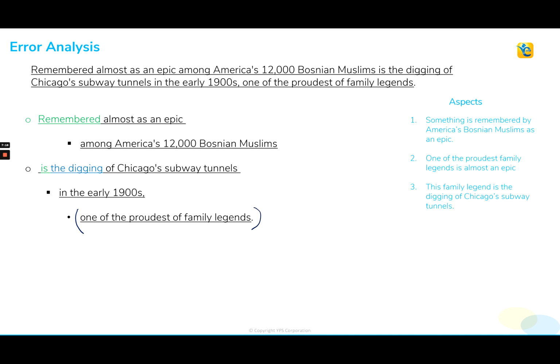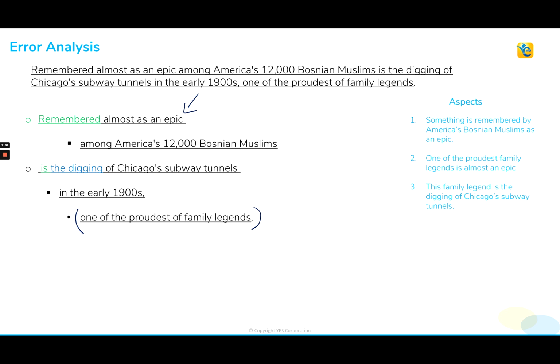And we know, as we said in that meaning analysis, that we need this proudest of family legends to be connected to this entity of the epic up here, because it's this legend that is the epic. So we need to find a structure that connects this modifier into the context of the sentence to give us that meaning that we're looking for.